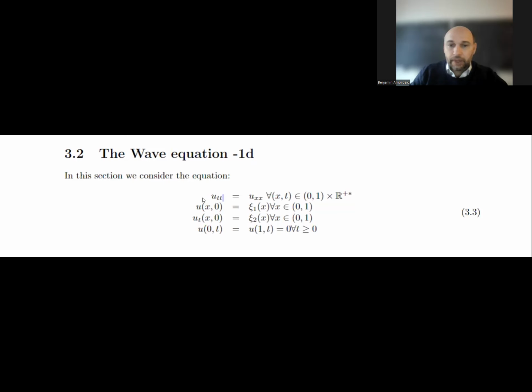You need an initial condition u and ut, and the spatial domain is (0, 1), and you need to fix, for example, a Dirichlet condition. So you fix 0 at 0 and 1. Physically, it means that the string doesn't move at the ends.